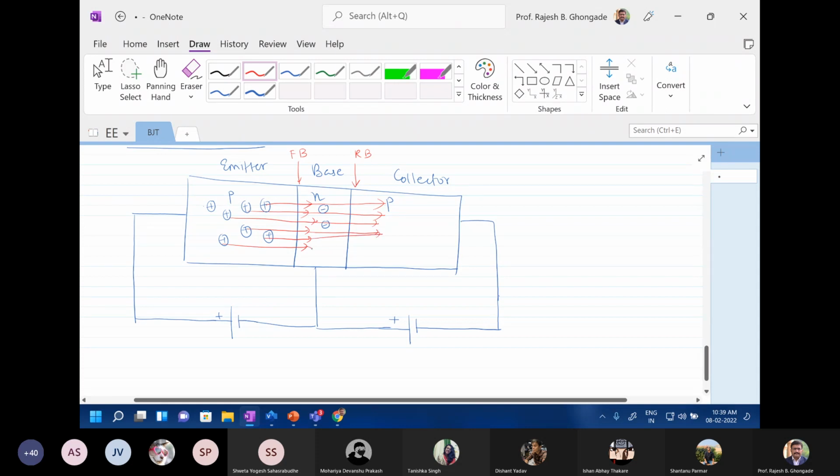There will be some recombination, and so not all holes starting from emitter will be coming into the collector. Again, as I said, for example, 100 holes are going from emitter into base, only 95 will reach the collector. I'm just giving you a figure for understanding purpose.